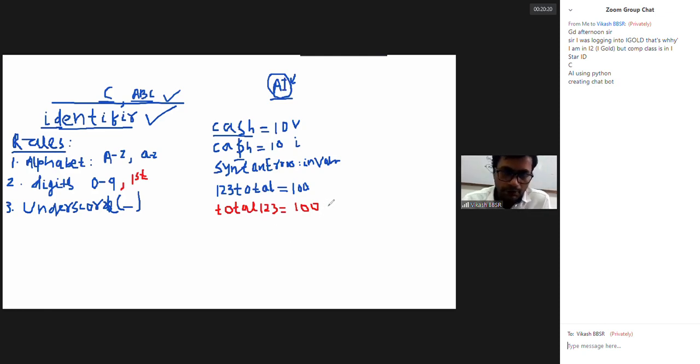So it is valid. Very good. So you have to write that the first character must not be a digit. Then another example. You just tell valid or invalid and a reason.